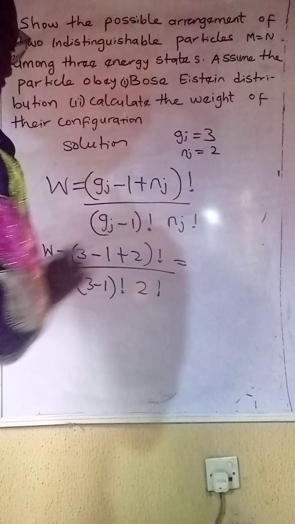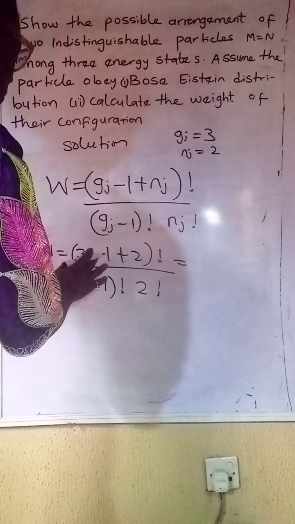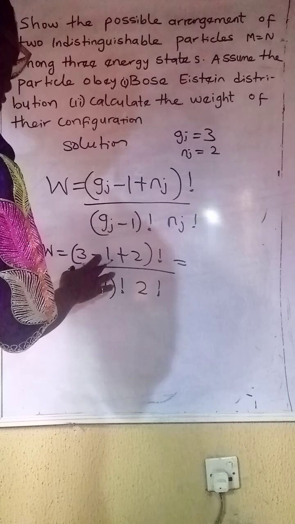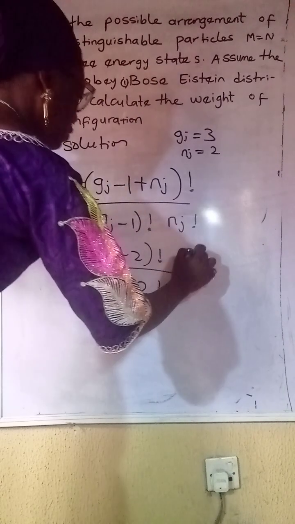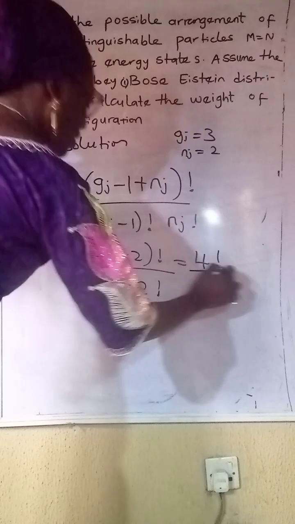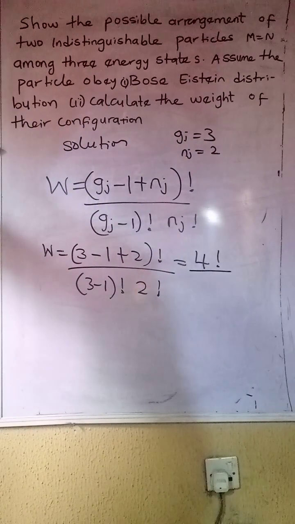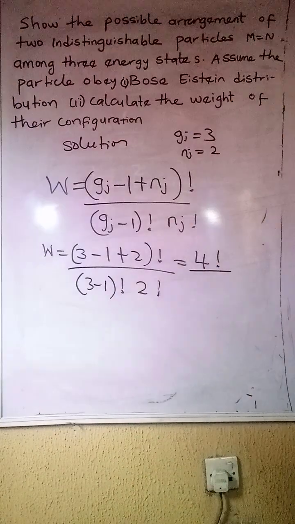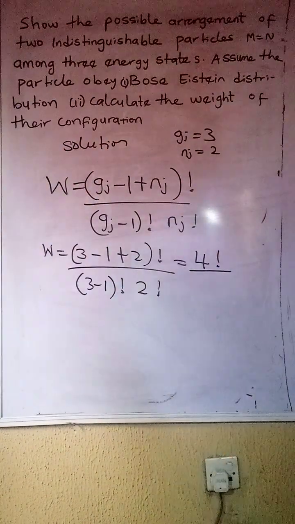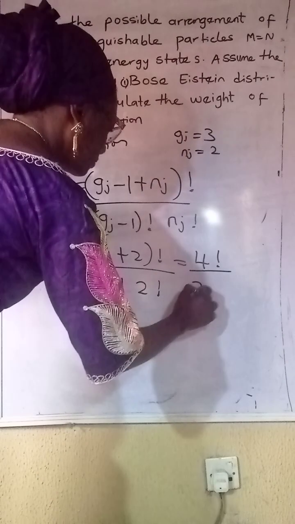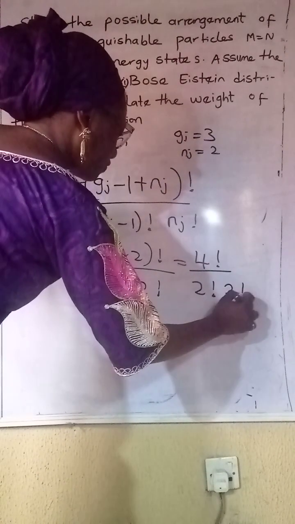So let's simplify what we have. 3 minus 1 is 2, 2 plus 2 is 4. So we have 4 factorial all over 3 minus 1 is 2 factorial, and then we have another 2 factorial.